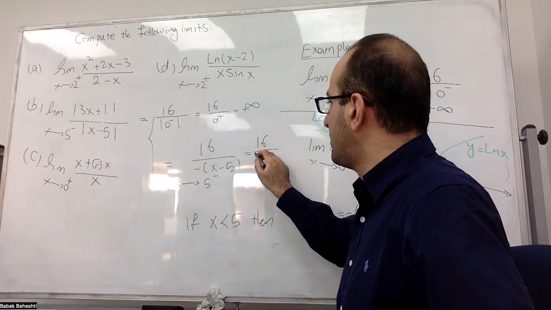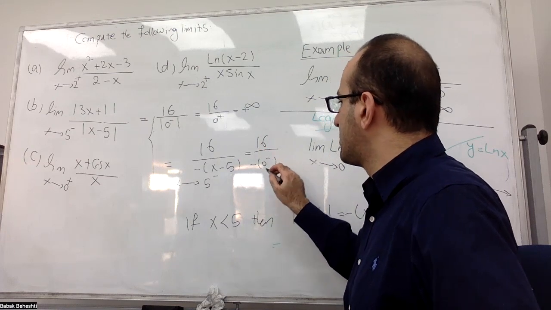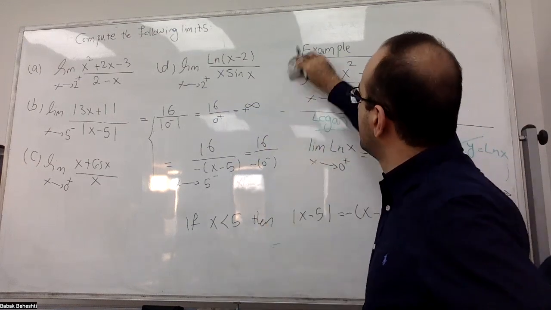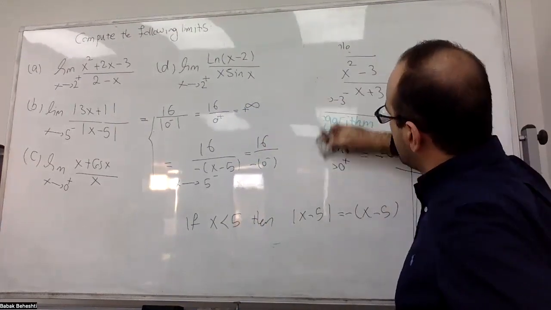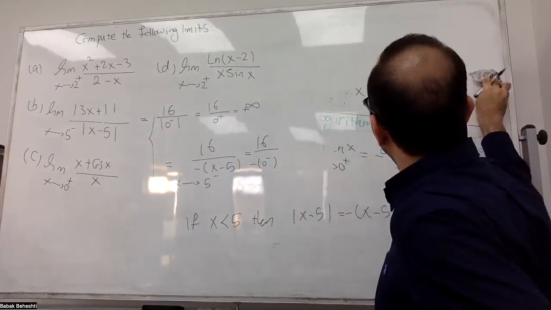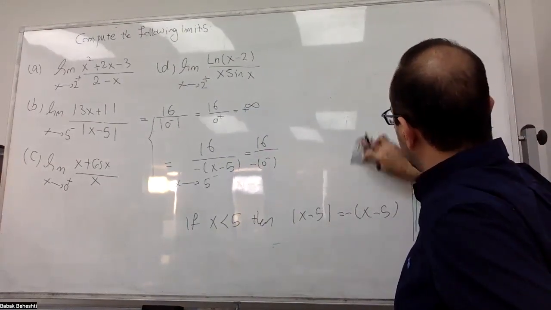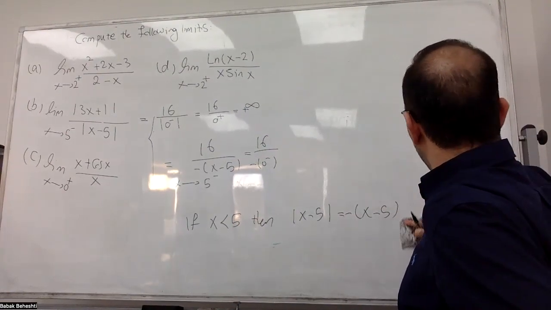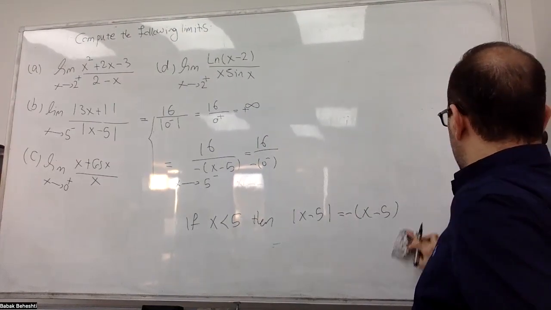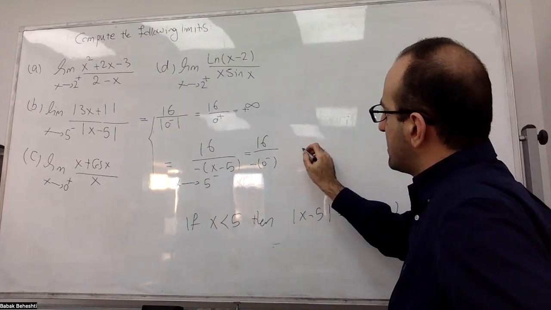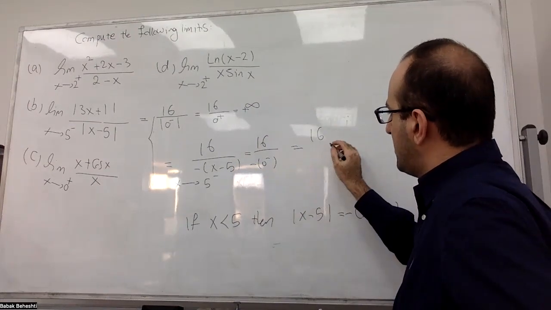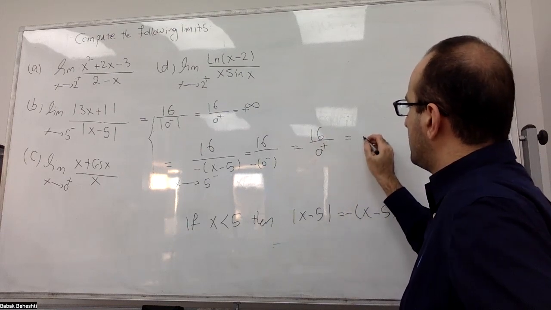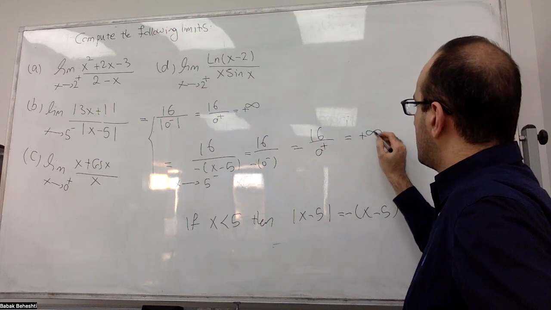So it's 16 over minus 0 minus. So 16 over minus 0 minus is 16 over 0 plus, which is equal to plus infinity, or positive infinity.